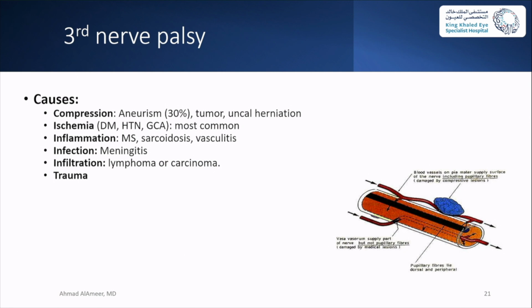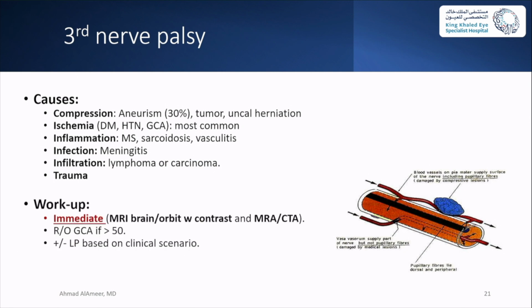That's why in all third nerve palsy, you need to do imaging, no matter what, okay? Immediate MRI brain and orbit with contrast, in addition to MR angio or CT angio to rule out aneurysmal compression. In any patient who is more than 50, you need to rule out GCA by asking about the symptoms of GCA, ordering ESR and C-reactive protein.